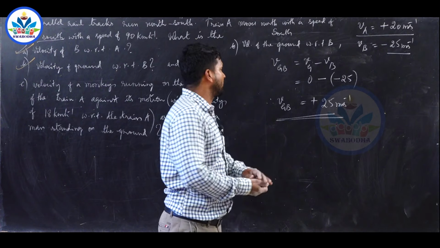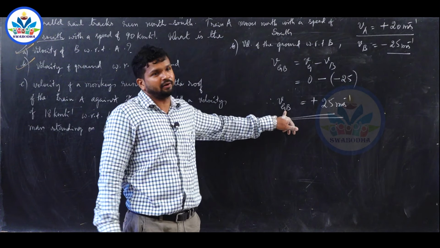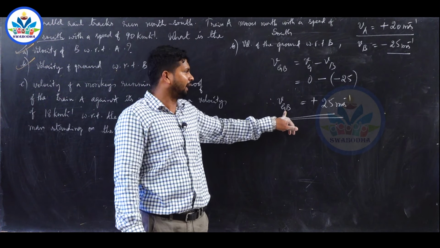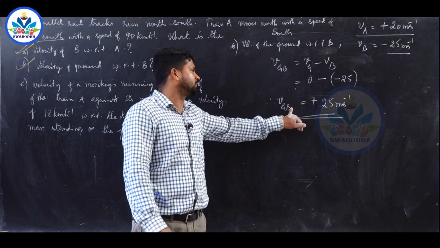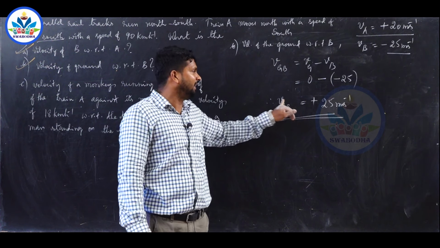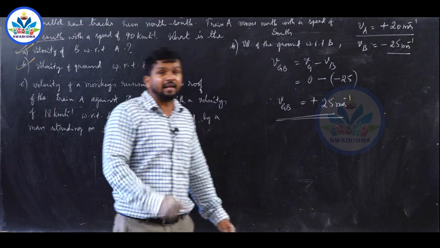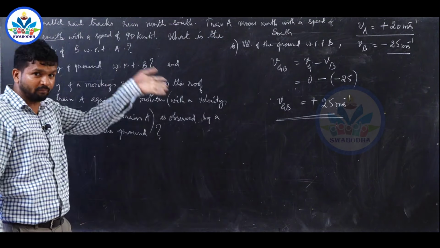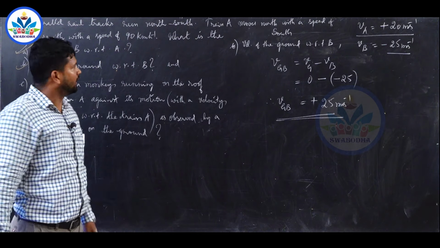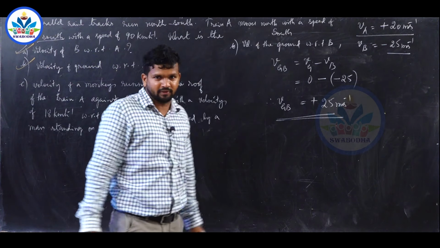That is, the ground appears to move for an observer, I think you might have experienced. So ground is not moving, but for an observer who is in the train B, the ground appears to move 25 meter per second in the positive x direction, from south to north, isn't it?